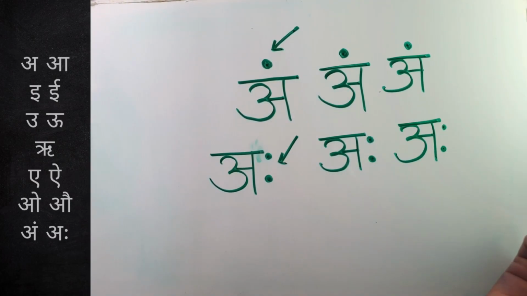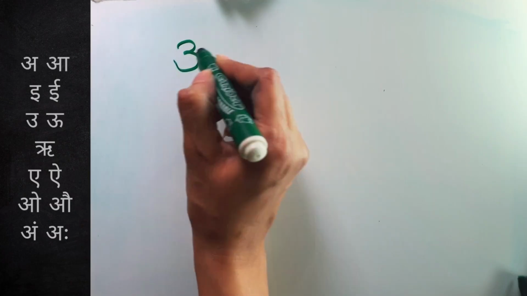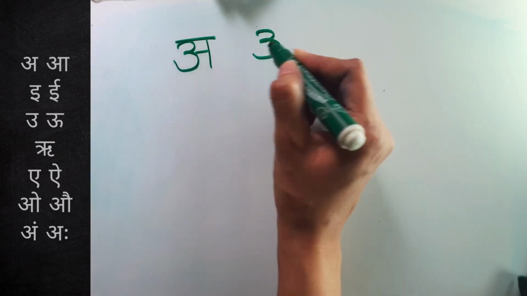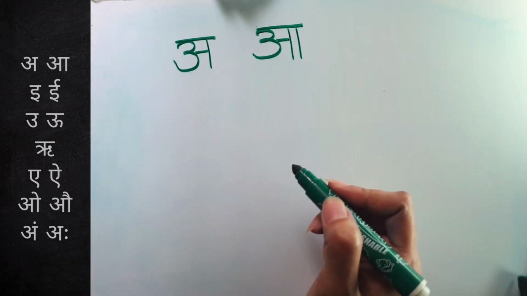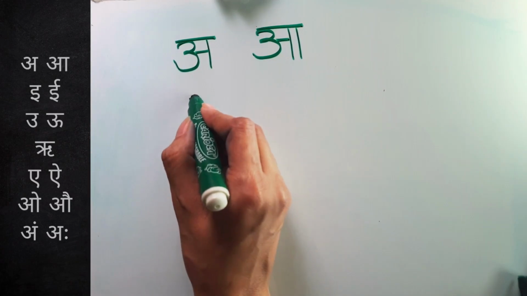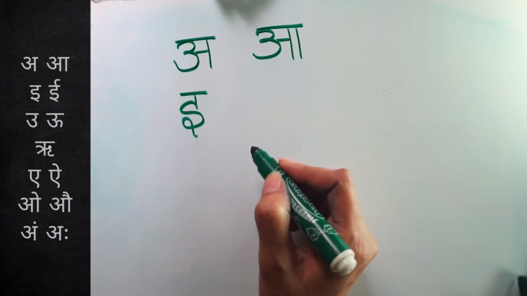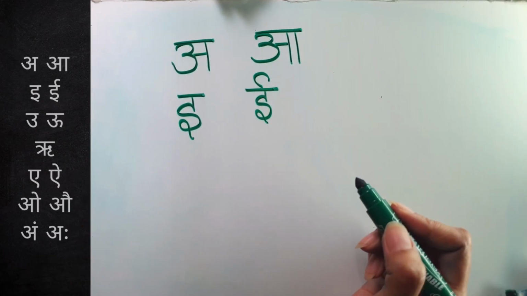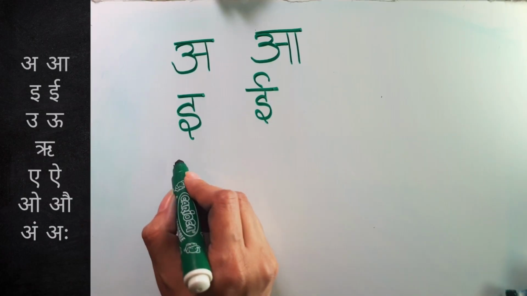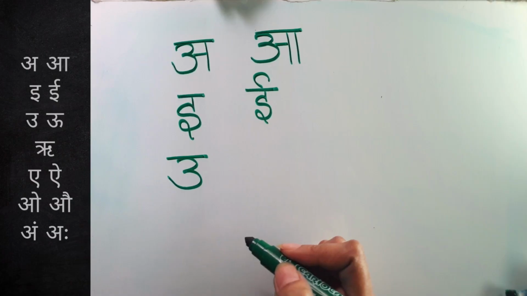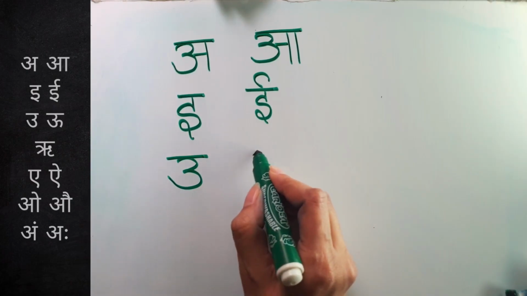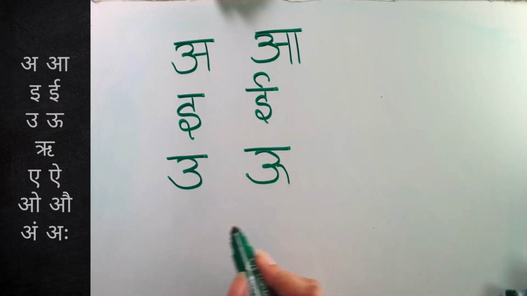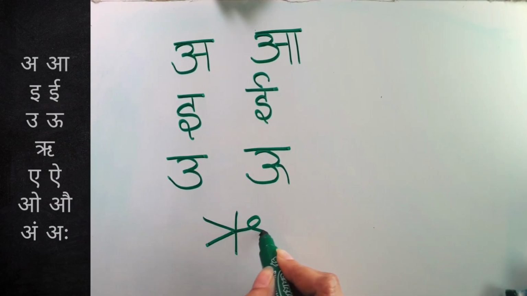Now let's revise all the letters. A, E, E, U, U, Ri.